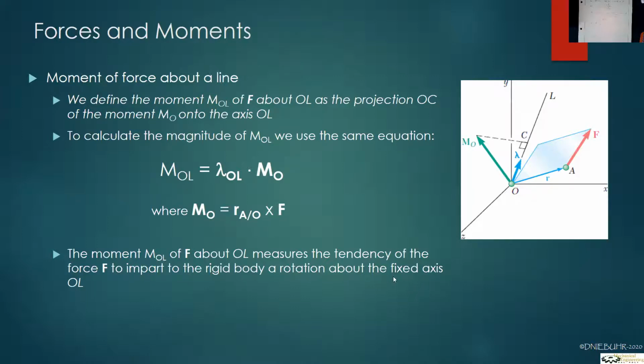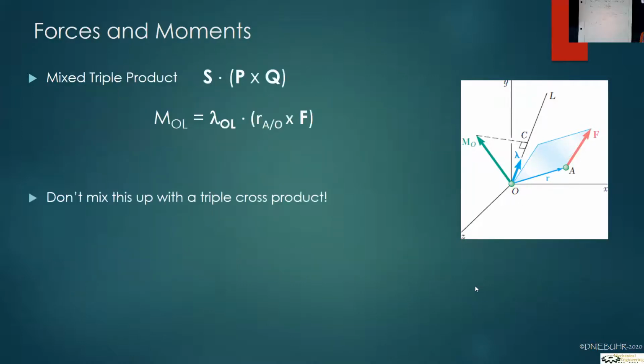If we expand this, we end up with the moment about OL equal to the line unit vector dotted with R cross F. That is shown in your book as the mixed triple product.